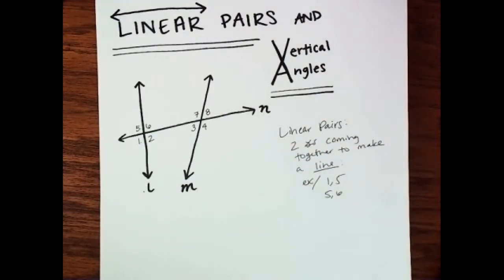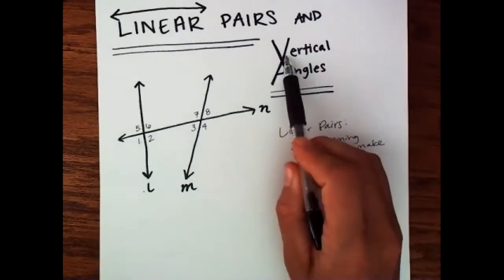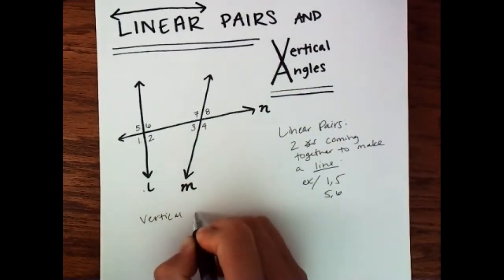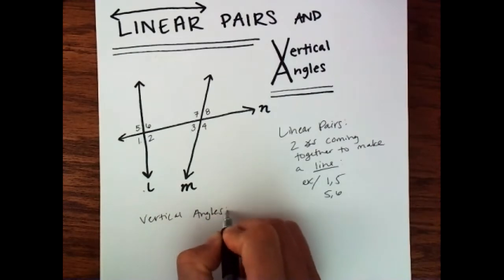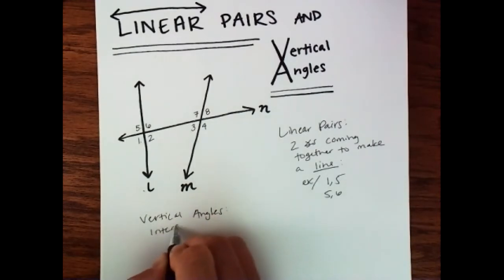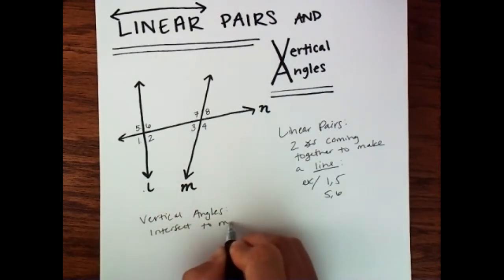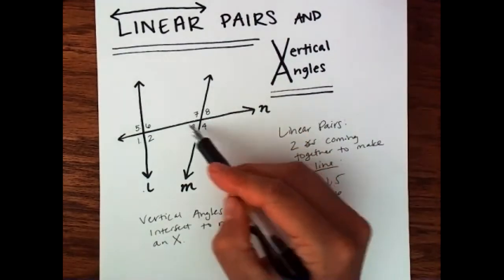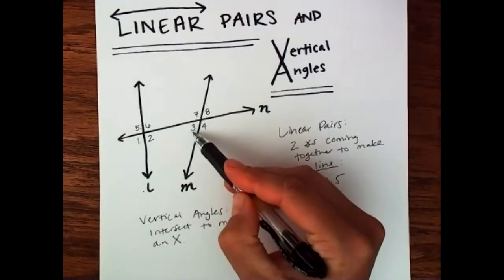So now let's look at vertical angles. So the way I think about vertical angles are angles that intersect to make an X. So let's look at our example here on the right, and then you can actually see that these two lines come together to make an X. So when you think about vertical angles, they're actually the angles that are across from each other.